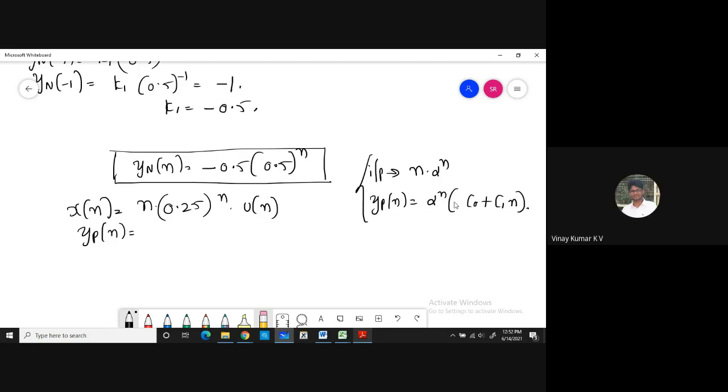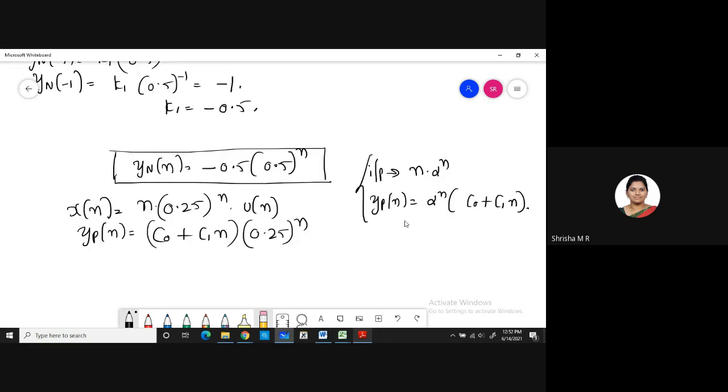Yes, ma'am. Now your particular solution Yp of n will be C naught plus C1 into n into 0.25 to the power of n. Yes or no? Now we have to find the constants C naught and C1 by substituting in the difference equation. So you need Yp of n minus 1.